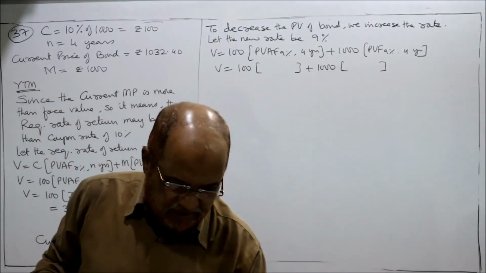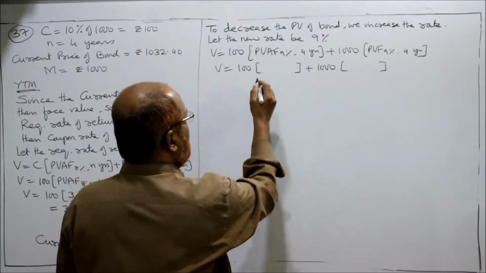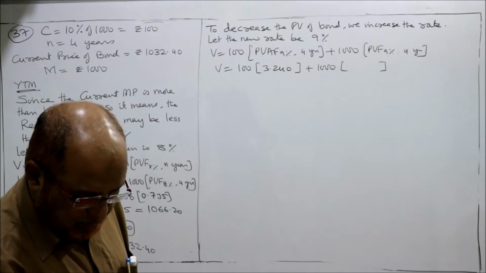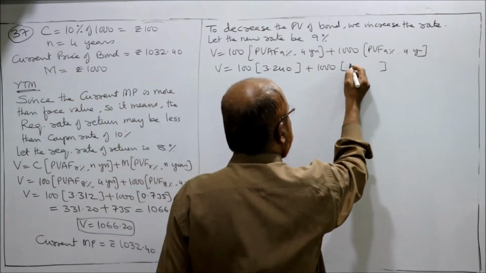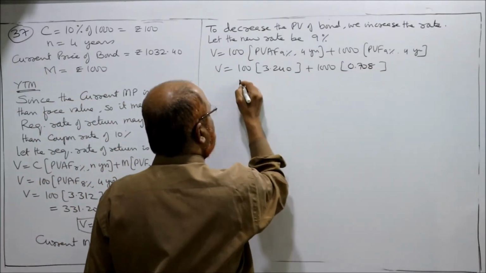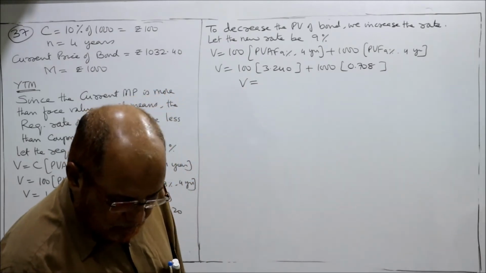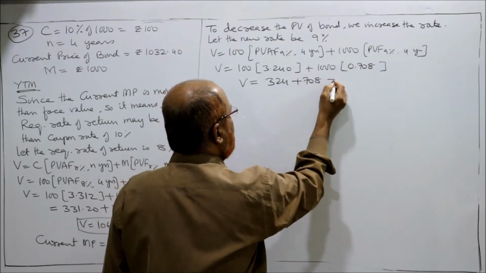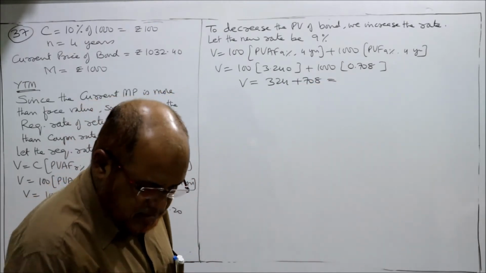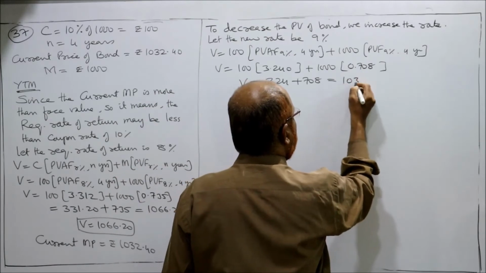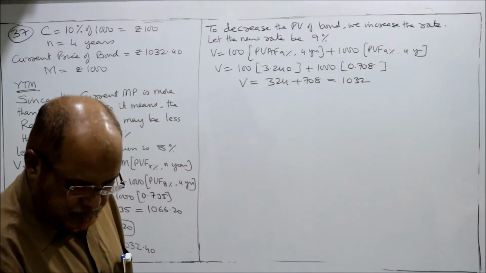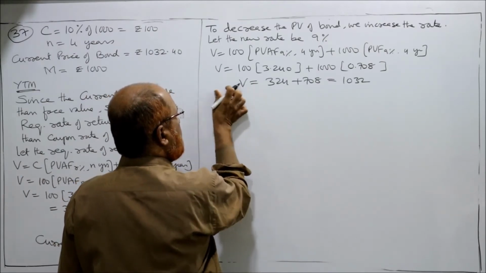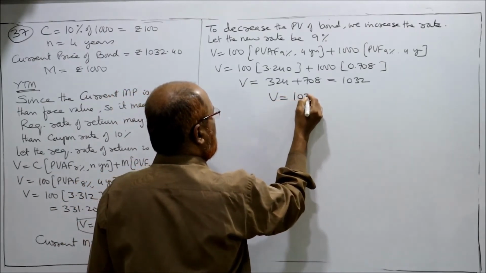Now, annuity factor 9% for 4 years is 3.240. And PV of rupee 1 is 0.708. Now multiply, it will be 324 plus 708. It will be 1032. V is equal to 1032.